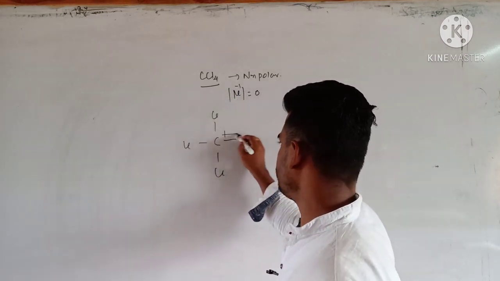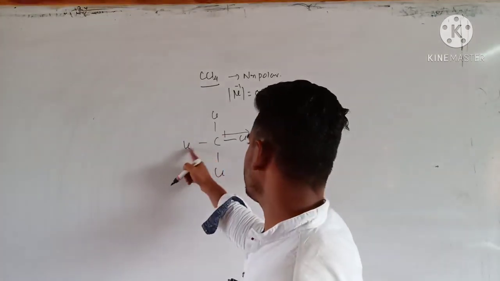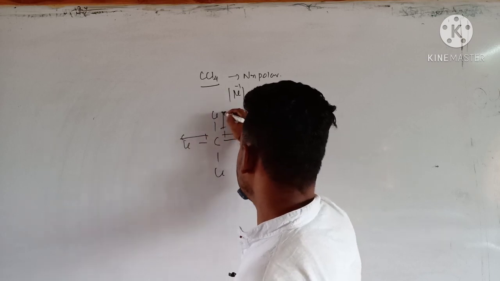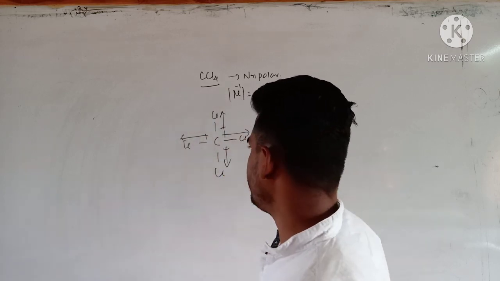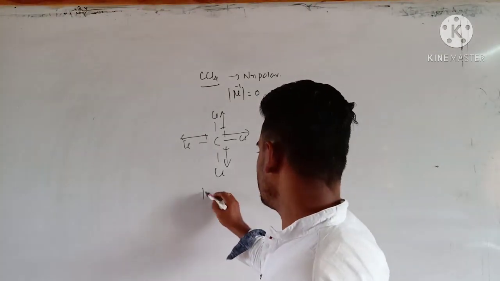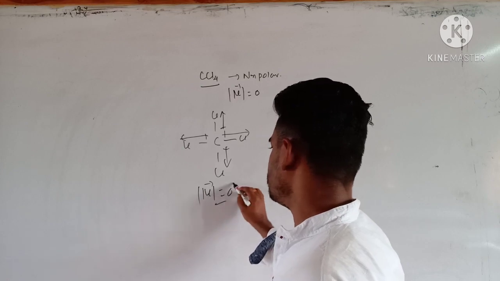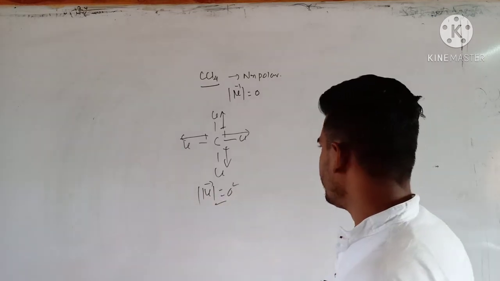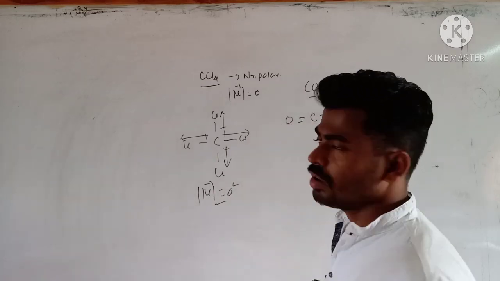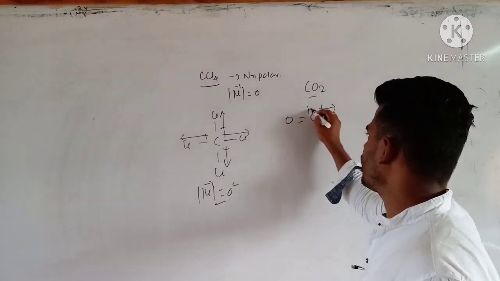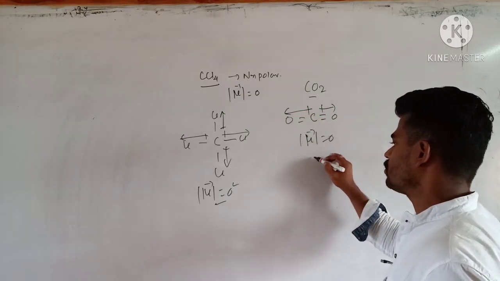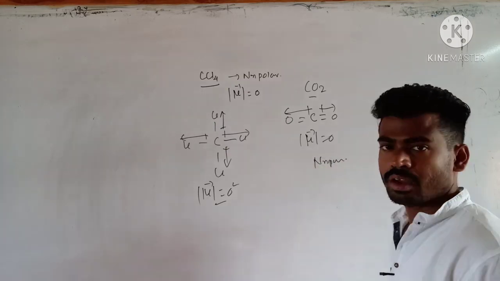Chlorine is more electronegative than carbon, so the dipoles are equal and opposite and cancel each other, so the net dipole is zero, giving mu equal to 0. So this is non-polar. Again another molecule, carbon dioxide, O double bond C double bond O. Oxygen is more electronegative, again equal and opposite, mu becomes 0. So this is non-polar. Is that clear?